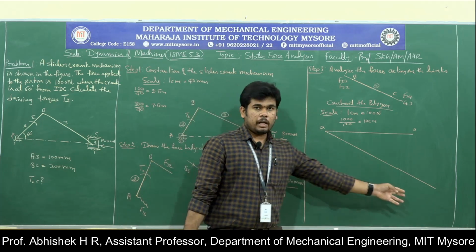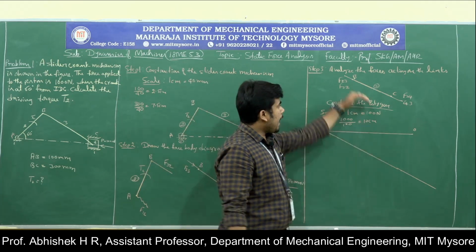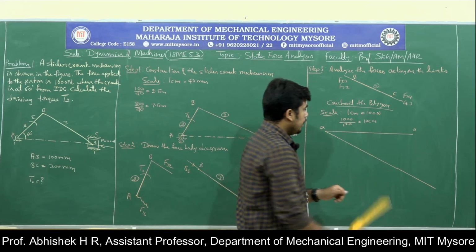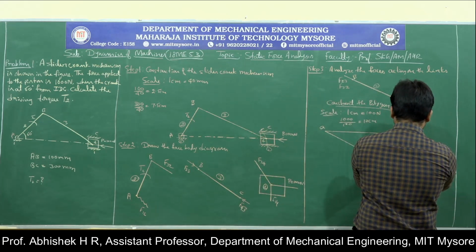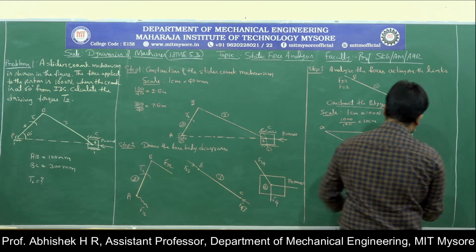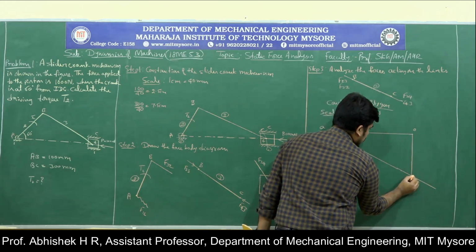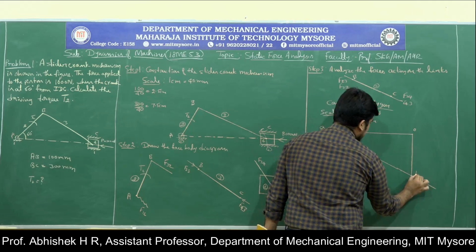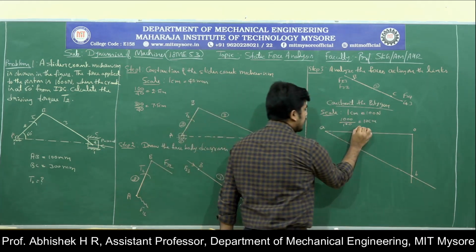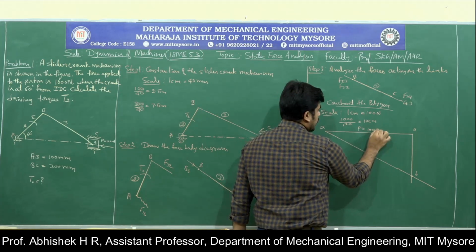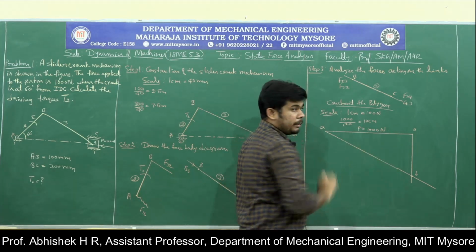So I have drawn a straight line parallel to BC. Now I have a perpendicular force with respect to the load acting, that is F14. Just draw a line here. You will get a meeting point here, that is point B. Mention here P is equal to 1000 Newton and AB.